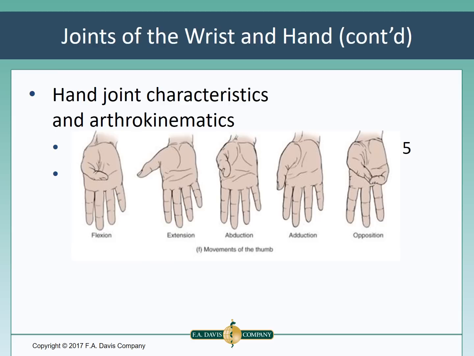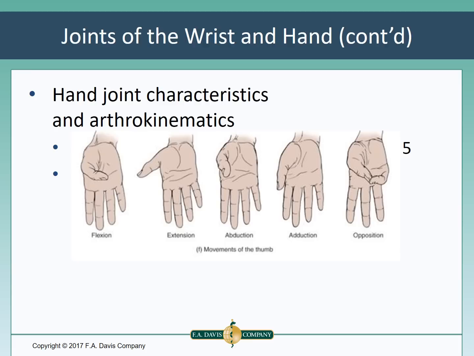When we get further down the hand into the IP joint, the MP of the thumb is different because it has two sesamoid bones on the volar side. If you remember, sesamoid bones are there to help increase the pulley, and what that helps with is the flexor pollicis brevis activation.